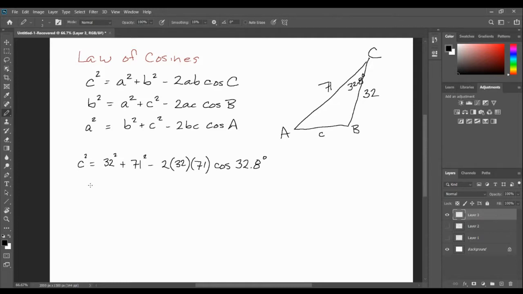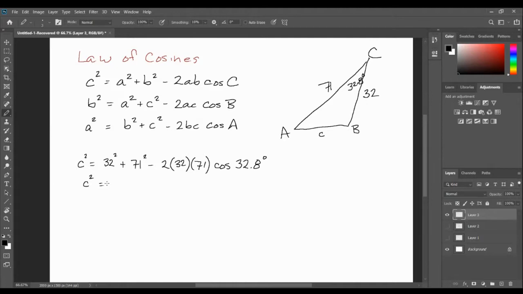That I can plug into my calculator. And when I do, let's see what I get. 32 squared plus 71 squared minus 2 times 32 times 71 times the cosine of 32.8 degrees.